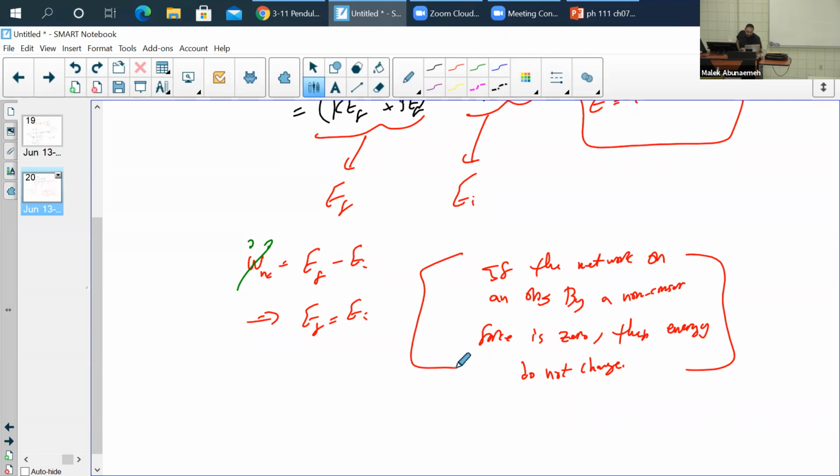Let me just rewrite this as work. If the net work on the object by a non-conservative force is 0, then the energy does not change.